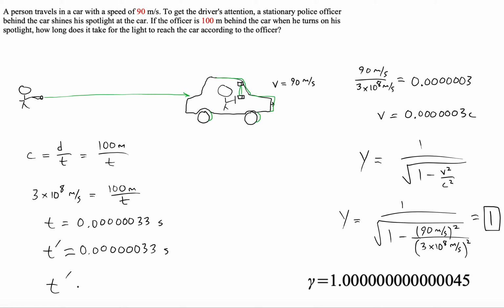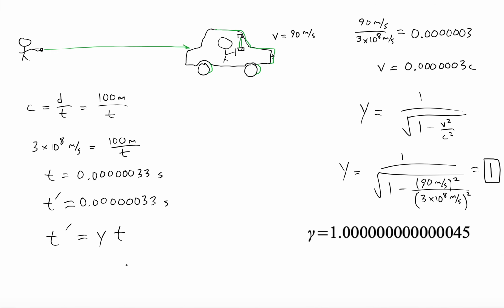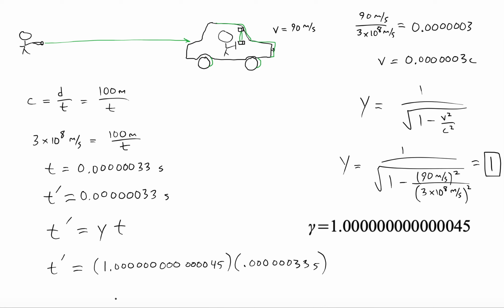Because we have the formula t prime equals gamma times t. See? But gamma is basically 1. So there we go.